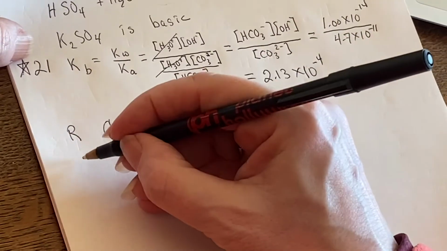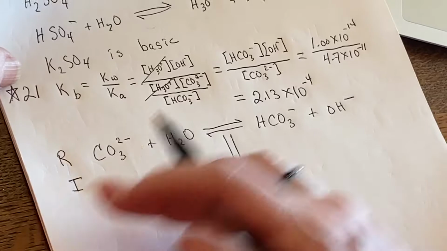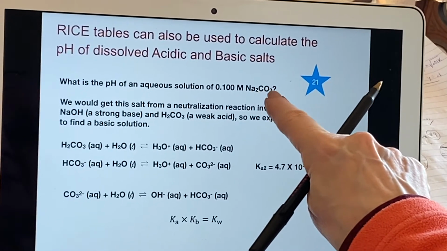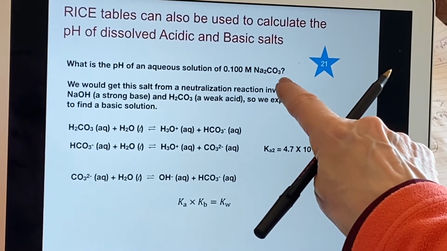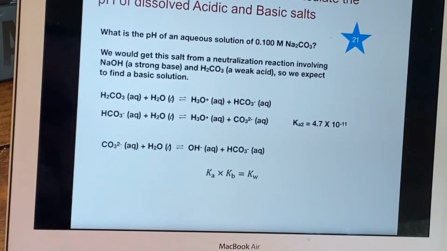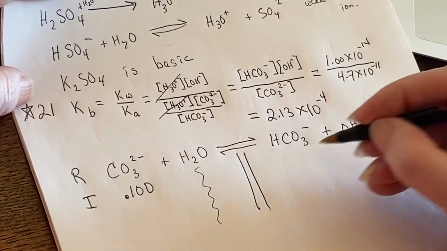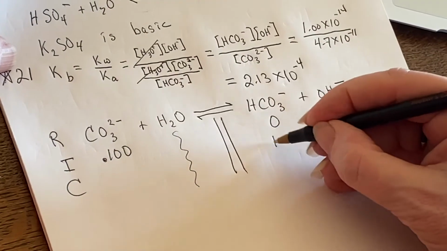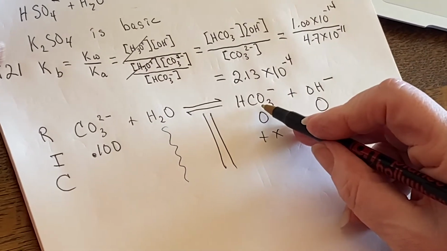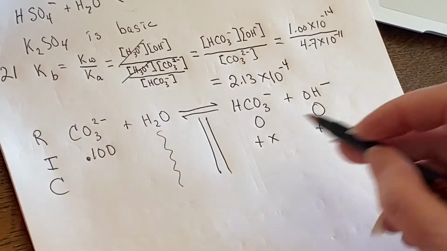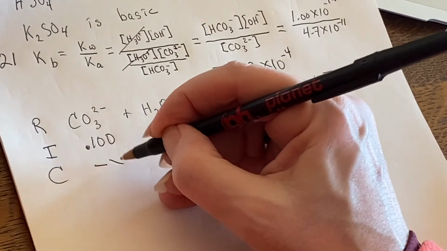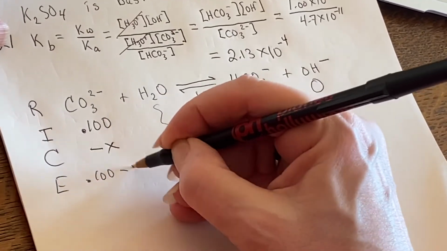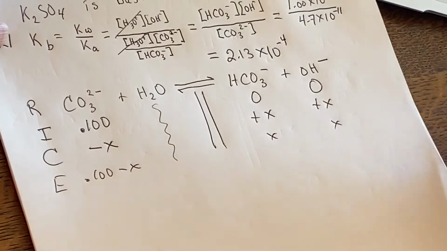What do I have initially? Initially, I have 0.100 molar, because when this breaks up, it's going to form 0.1 molar carbonate. On these, it's 0. Change: this can only go up. When it does, this goes up the same way. Where did they come from? This. So that must have fallen apart. And the equilibrium then is 0.100 minus x, x, and x.